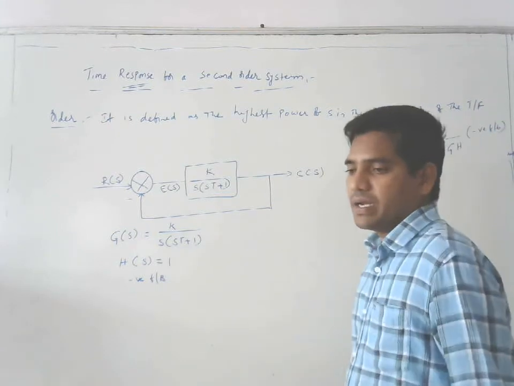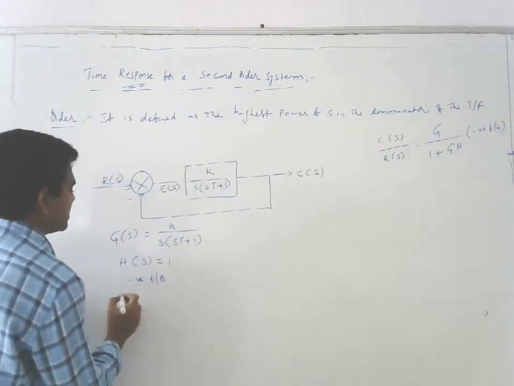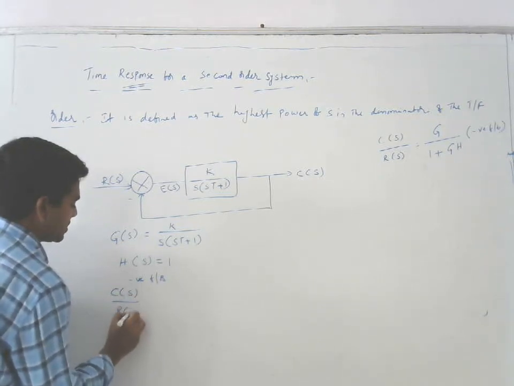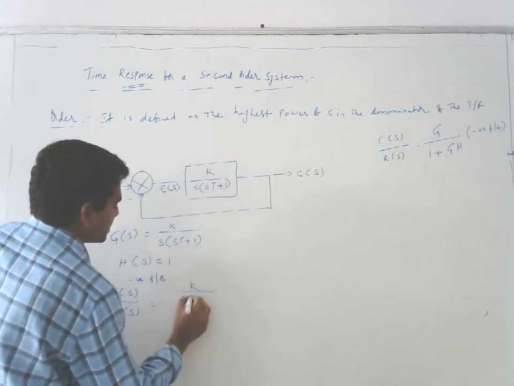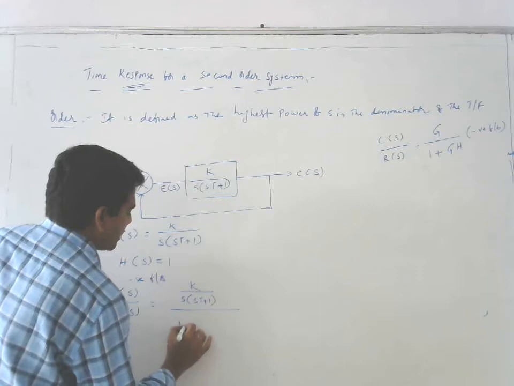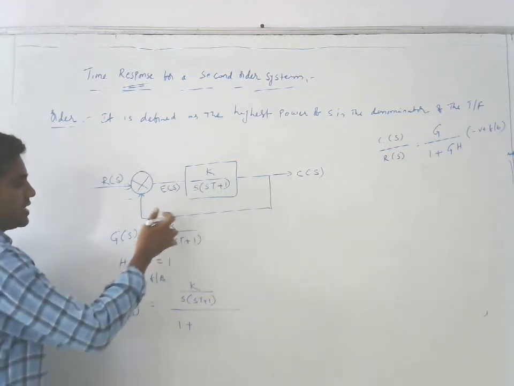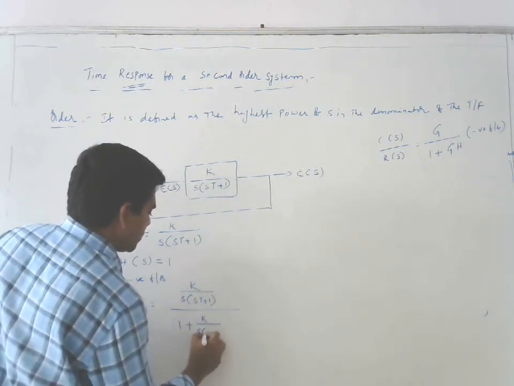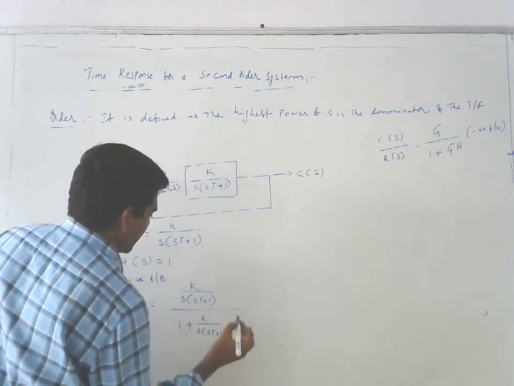Similarly, C of S by R of S is equal to K divided by S into (ST plus 1), whole divided by 1 plus G of S into H of S. In place of G of S we have K divided by S into (ST plus 1), and H of S value is 1.